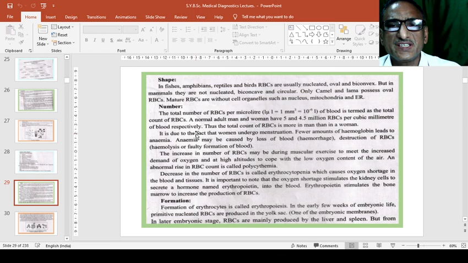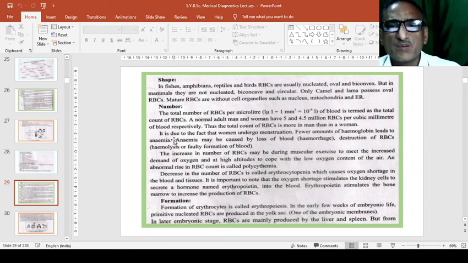The shape is discoidal or biconvex, and they have no nucleus. But only the camel and llama, among mammals, possess oval RBCs. Mature RBCs are without cell organelles such as nucleus, mitochondria, endoplasmic reticulum, etc.